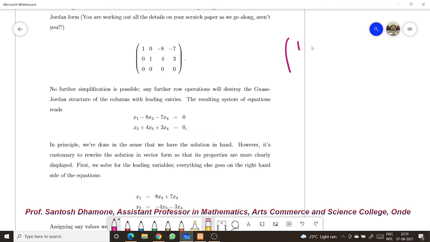So x is equal to column matrix x1, x2, x3, x4 is equal to S into the coefficient of S, first 8, minus 4, 1 and 0, plus the coefficient of T, which is 7, minus 3, 0 and 1. This is the vector form of the solution.